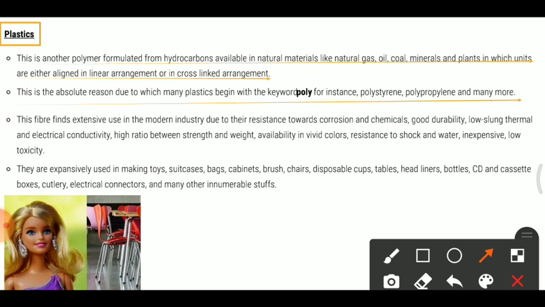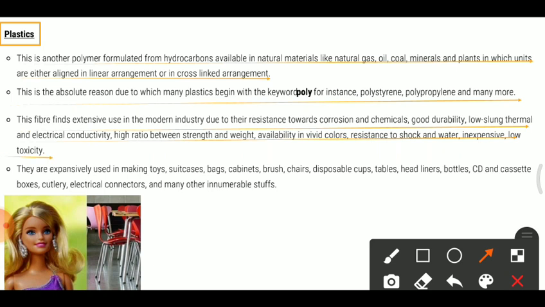Plastics find extensive use in modern industry due to their resistance towards corrosion and chemicals, good durability, low thermal and electrical conductivity, high ratio between strength and weight, availability in vivid colors, resistance to shock and water, being inexpensive, and low toxicity.